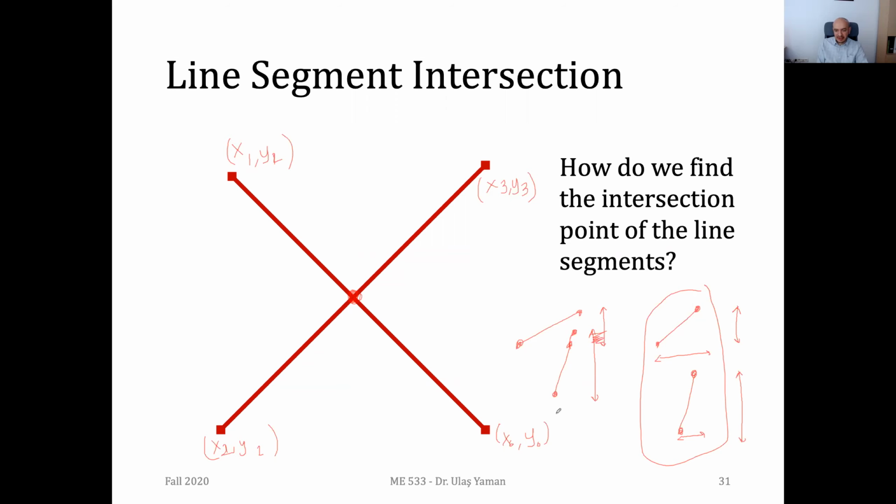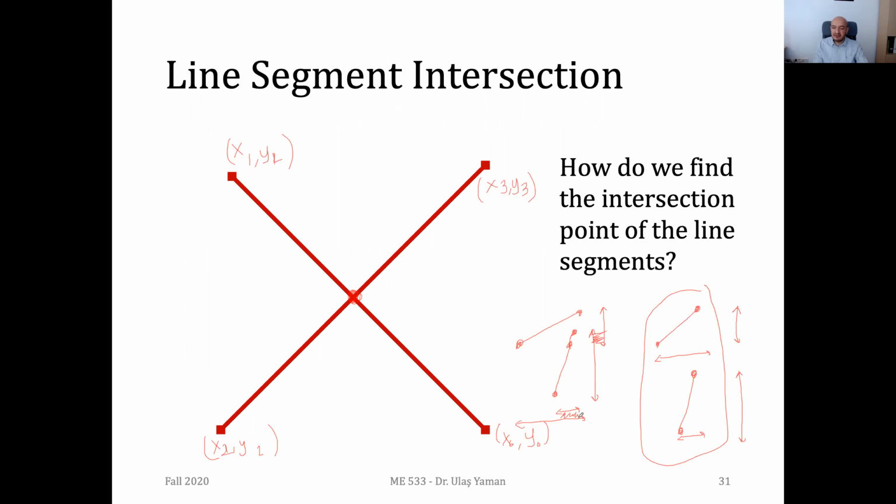And for the x, again, we have an overlap. So this might be a potential intersection. So we need to do actually some calculations. We cannot say by simply looking at the intervals whether these two line segments are intersecting or not. So we need to do some computation.